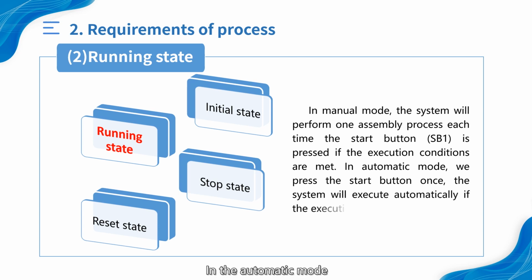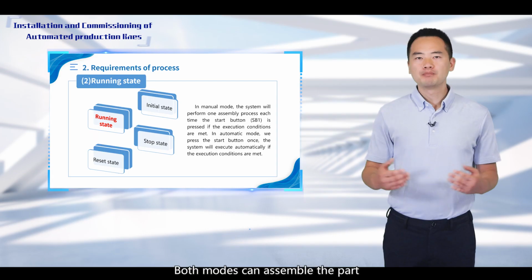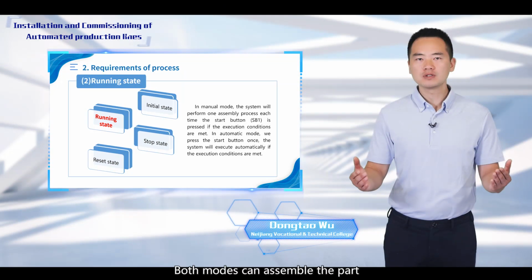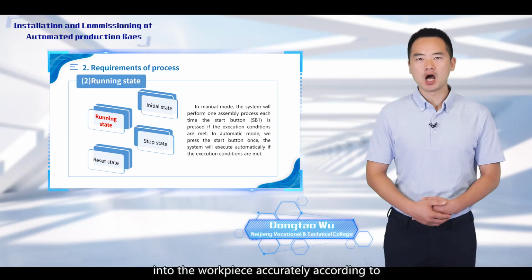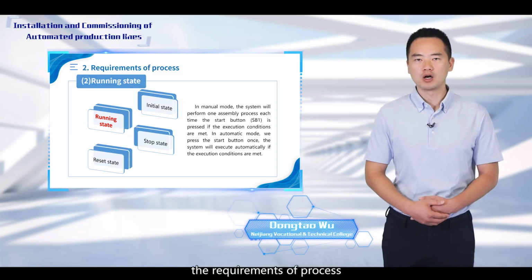In the automatic mode, we press the start button once. The system will execute automatically if the execution conditions are met. Both modes can assemble the part into the workpiece accurately according to the requirements of a process.